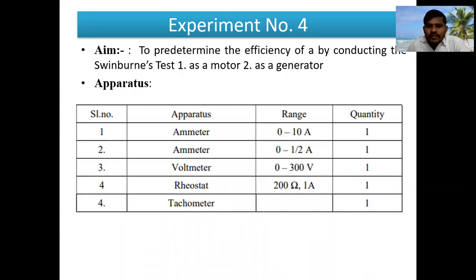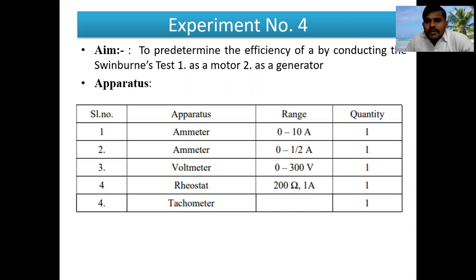If not used, then also it is okay, or if we want to use it, we can use it. For supply current measurement we require one ammeter, for measurement of field current another ammeter, and one voltmeter to measure the supply voltage. One rheostat is connected in series with the field winding. Field winding च्या series मध्ये आपण rheostat connect करतोय.